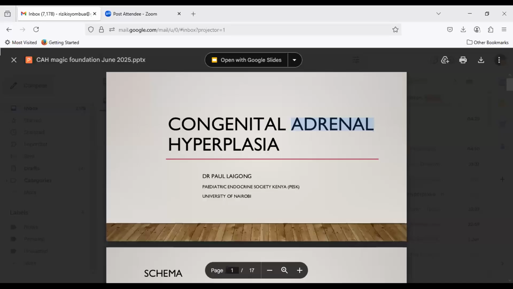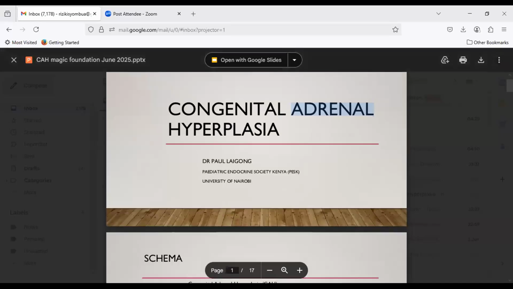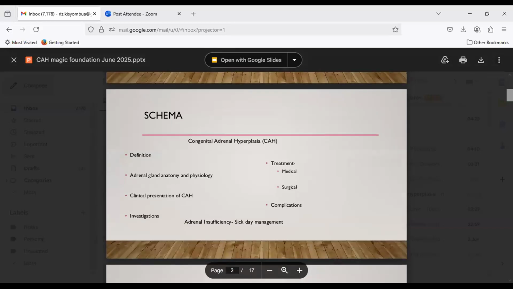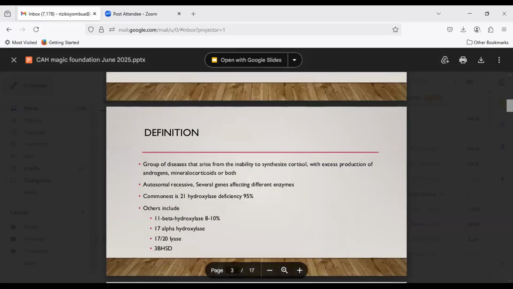We are ready? Okay, so I'll go through an overview of congenital adrenal hyperplasia and a little bit on adrenal insufficiency. So this will be what we are going through. By definition, congenital adrenal hyperplasia is a group of diseases that arise from the inability to synthesize cortisol with excess production of androgens and mineralocorticoids or both.